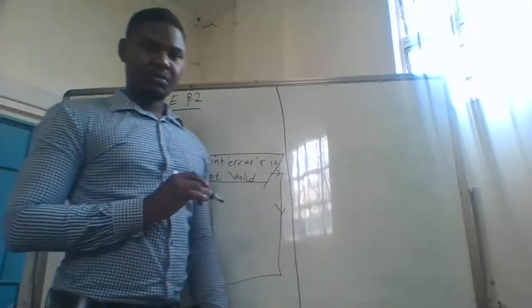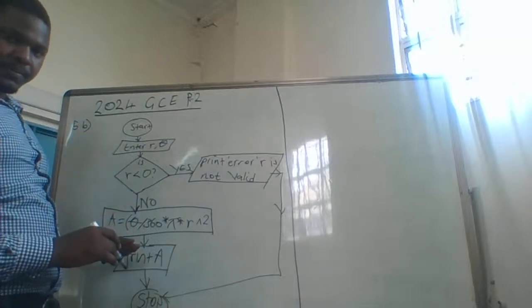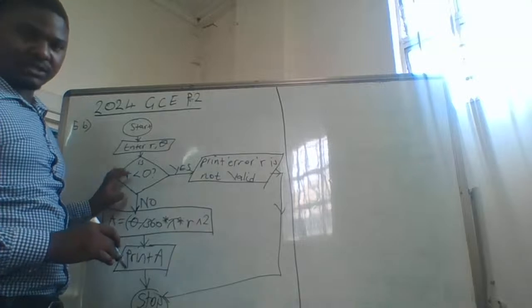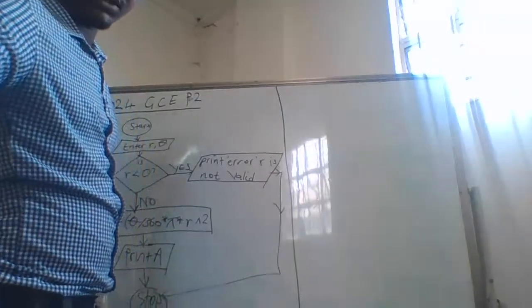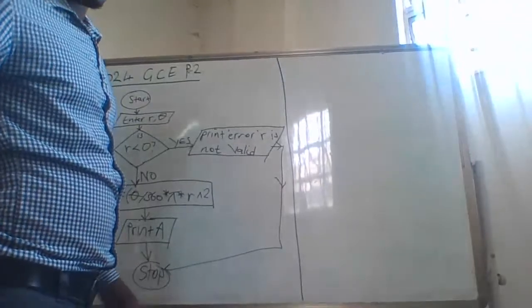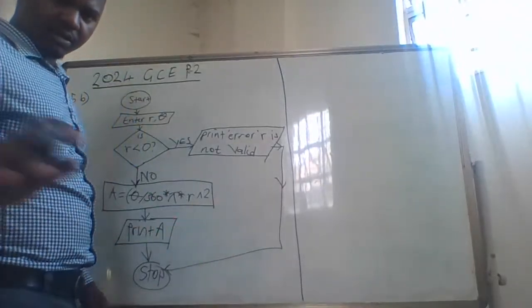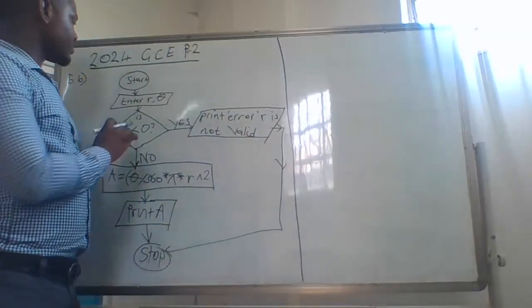The best way is just to follow what you have been given here. The only key part is the decision symbol. What is it that you have to do? That is what matters the most. So this is what we're going to do.